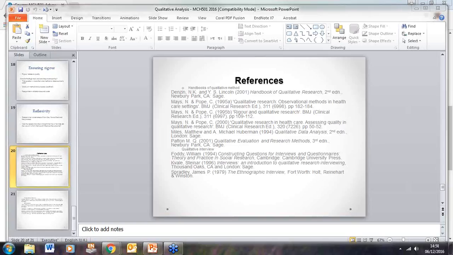Equally, if you go to a database or if you go to the Nurse Researcher, which is a particular journal, and you search establishing rigour in qualitative research and establishing rigour in quantitative research, you'll throw up some really nice articles about what is considered to be quality in both qualitative and quantitative studies. So that is a mechanism by which you can have some more references to support your discussion.